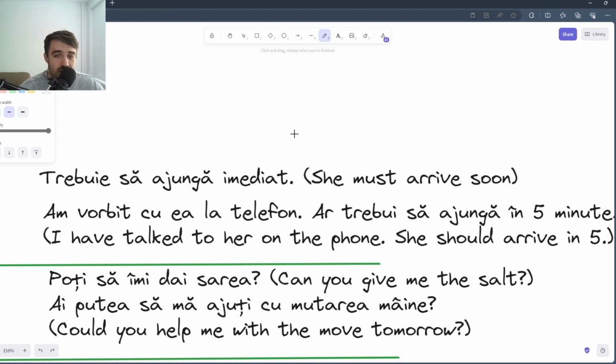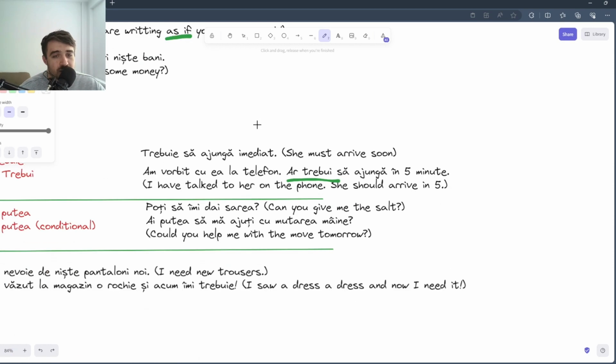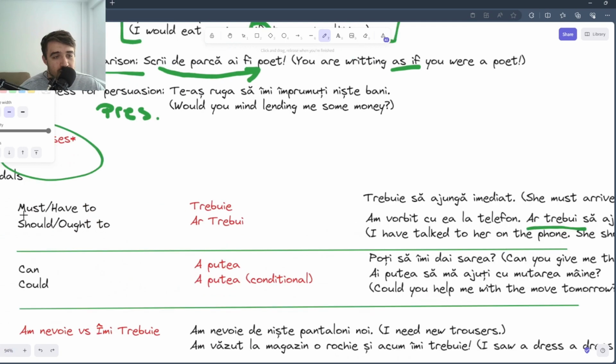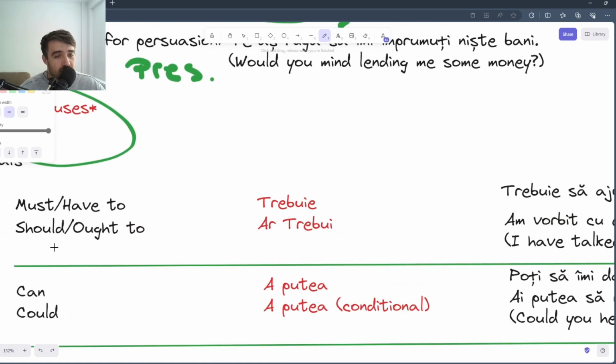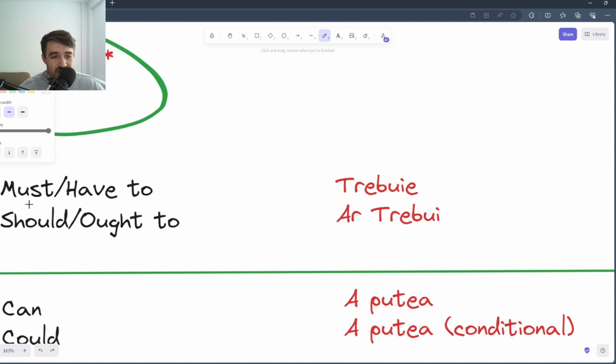The difference between trebuie and ar trebui, as it is with must and should, is that this one is almost certain, while this one you could cross your heart, for example, because you're, let's say, 100%. Well, you cannot be 100% sure, right? But you assume you are. So that's the difference. If you don't want to think about those percentages of assurance, then just think that must is trebuie, have to is trebuie, should is ar trebui, and ought to is ar trebui.